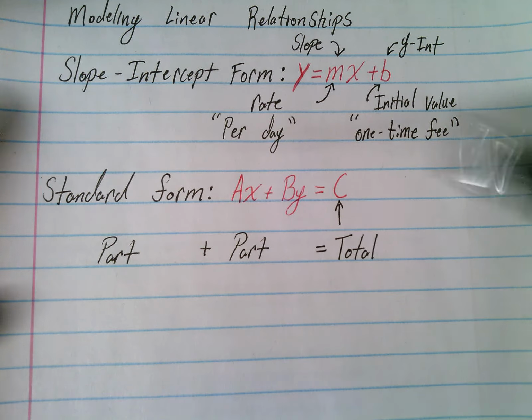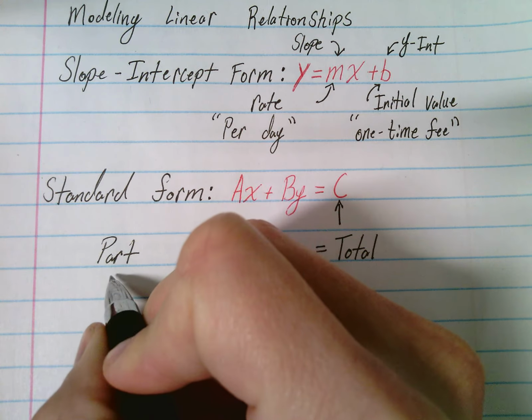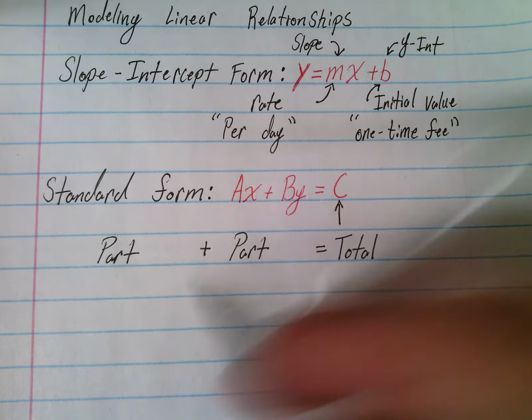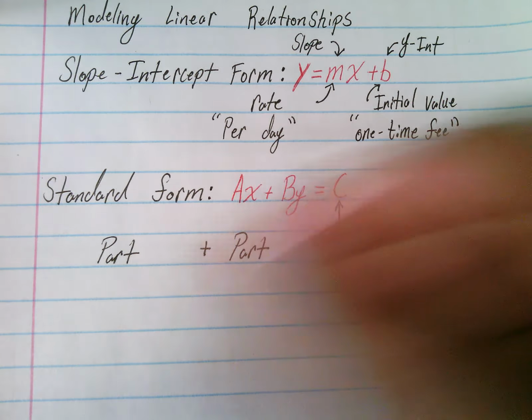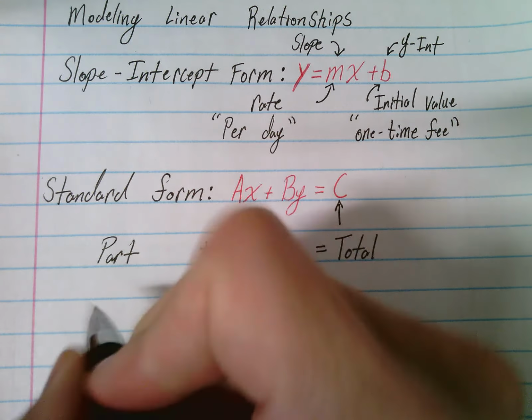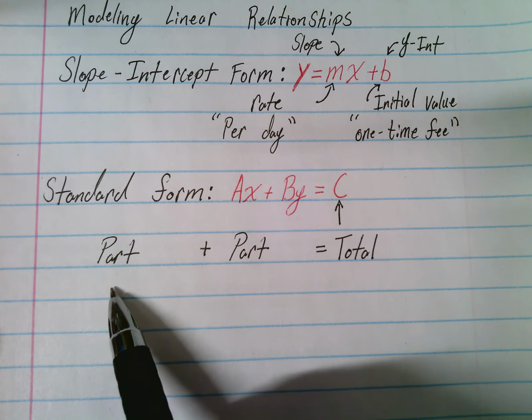What we need to decide is that these parts may also have a rate attached to them. So maybe we're selling two things, binders and notebooks. If we're selling binders and notebooks, I'm going to take the total I sell for a binder.